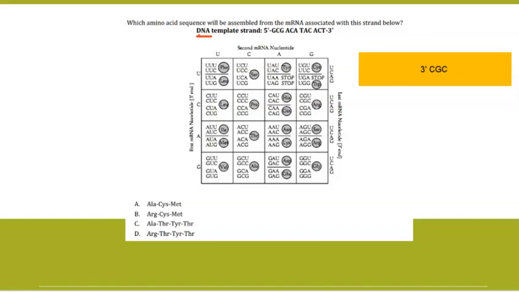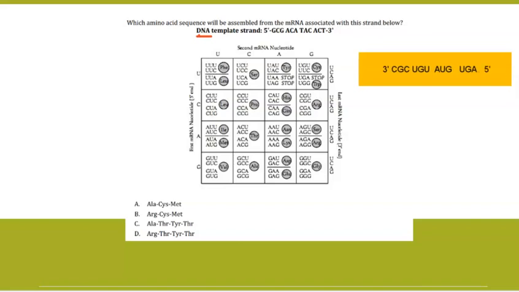For A I will write U, for C I will write G, and for A again a U. For the third one, TAC: for T I will write A, for A I will write U, and for C I will write G. And the next one, ACT: for A I will write U, for C I will write G, and for T I will write an A. So this is my mRNA sequence.